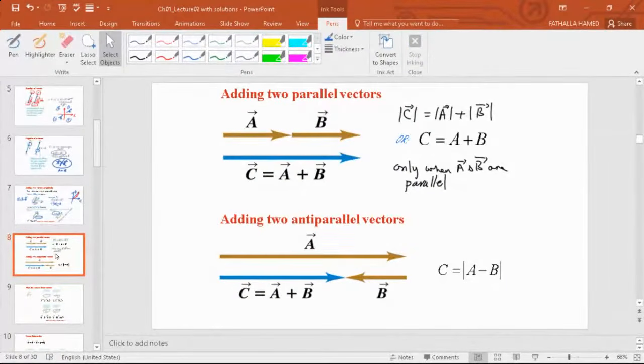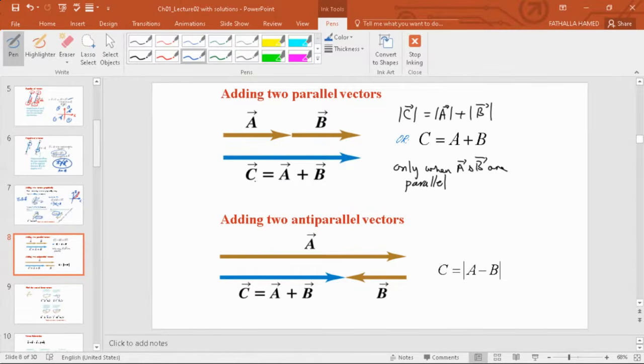Now, in the case when you're adding two parallel vectors, yes, in this case, C is a displacement vector. Okay. Now, if you have two parallel vectors, A and B, and you want to add these vectors, we follow the rule. And the rule says tail to head.